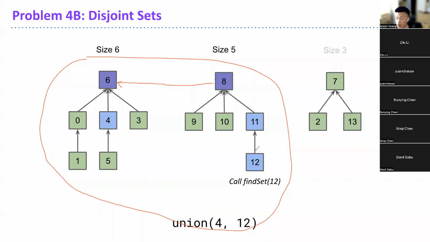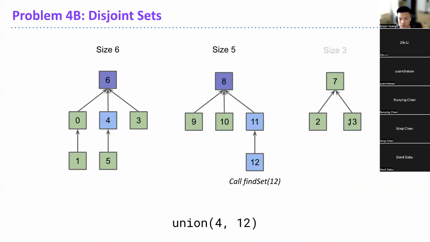Remember the second optimization? Right now, we just called find set on 12, right? So 12 is going to find its parent 11. 11 has a parent 8. So now we're going to move 12 so that it's pointing to 8. So next time you call find set on 12, it doesn't have to do this extra step, saving some time. So we were just missing that one thing, but otherwise everything is good. Path compression.